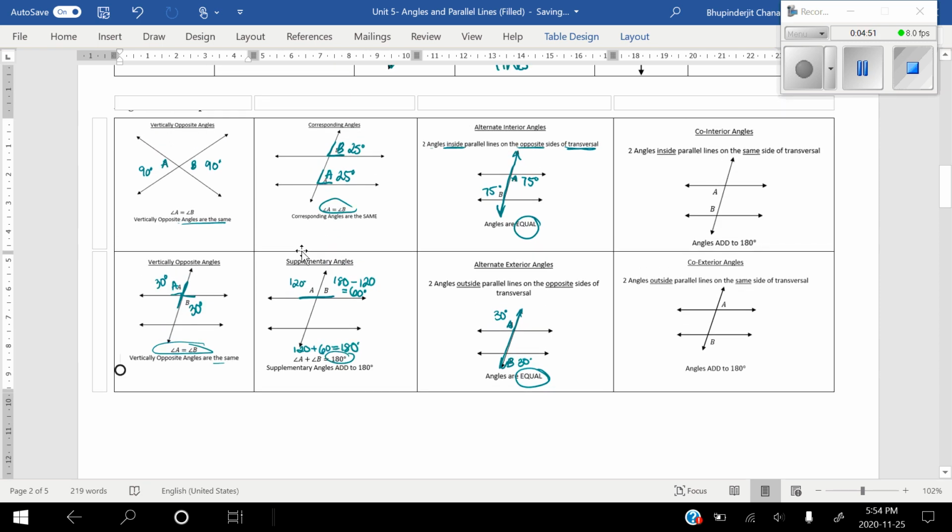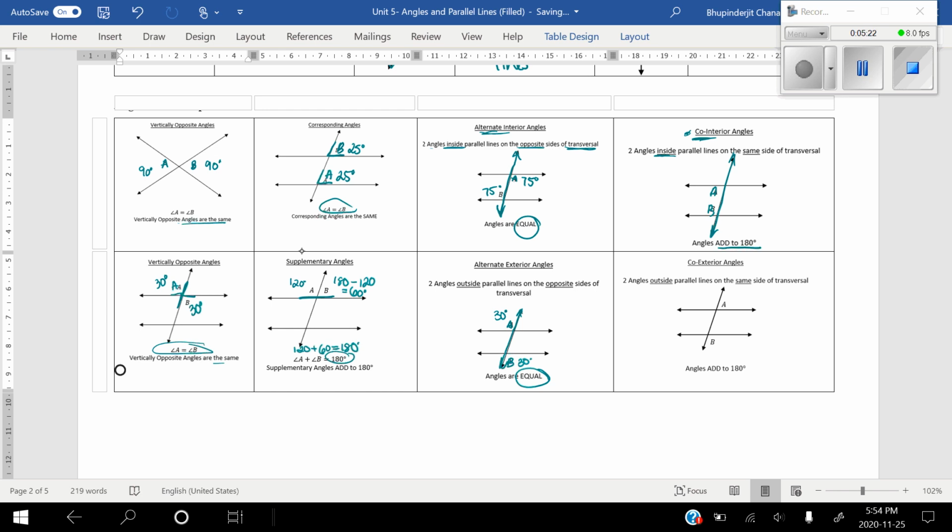All right, let's move into some more scenarios. Co-interior are two angles inside a parallel line that are on the same side of the transversal. So this is different from our alternate. Alternate means that they're on opposite sides. Co means that they're on the same side. So this is my transversal, my A and my B are on the same side. Now these two angles add to 180.